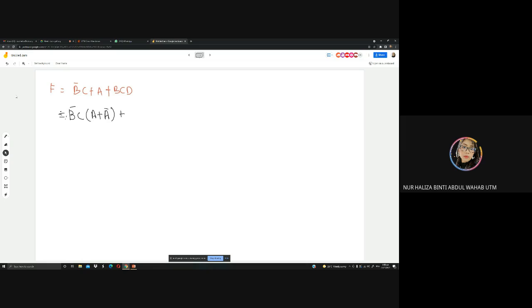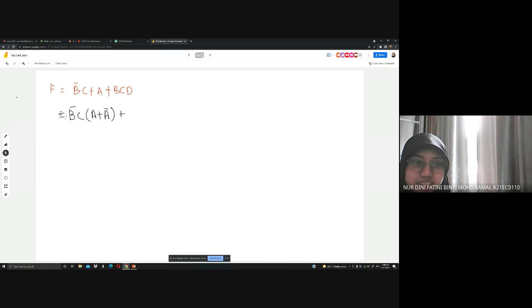Okay, explain sekali ya. Waktu buat. Sebab since B prime dengan B bar dengan C bar ni tak ada A dengan D, so kita kena buat rule 6. So letak A tambah A bar, so dapat 1. Okay.